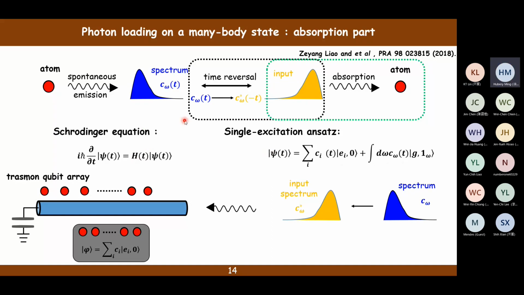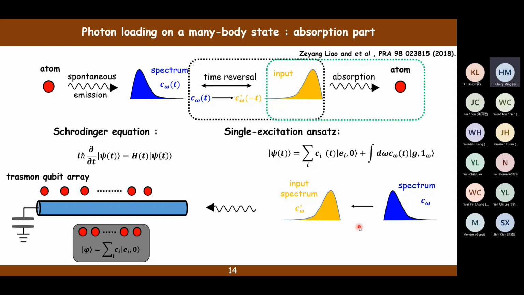Yeah, I'm asking why other states are decoupled. Is that because you have only a single excitation? You have only a single excitation as your input, and your Hamiltonian is energy conserving. Yeah, the single photon assumption by your source. Yeah, we consider we have a single photon as our input.